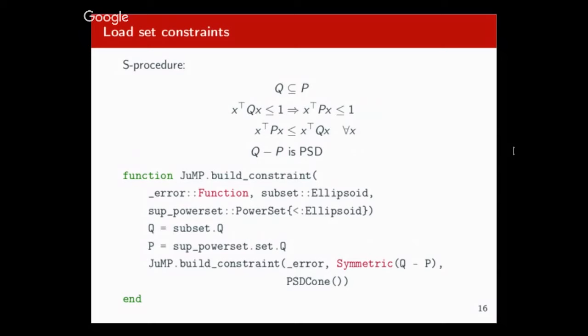Which is nice, because you can reuse the same code. And for the inclusion of an ellipsoid, once you have the PSD matrix, this should be PSD. You can just redirect to the build constraint that JuMP knows, a symmetric matrix in the PSD cone, which JuMP will know, and it will do the rest of the work. So you can actually do all the transformation in build constraint, which is nice.